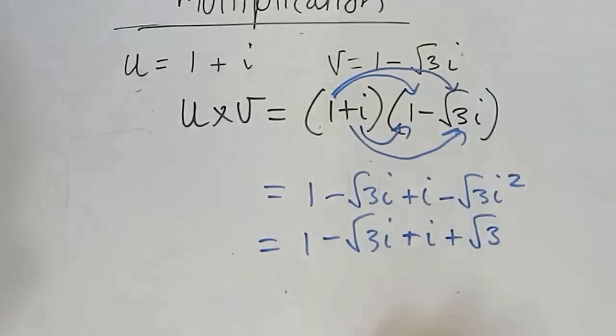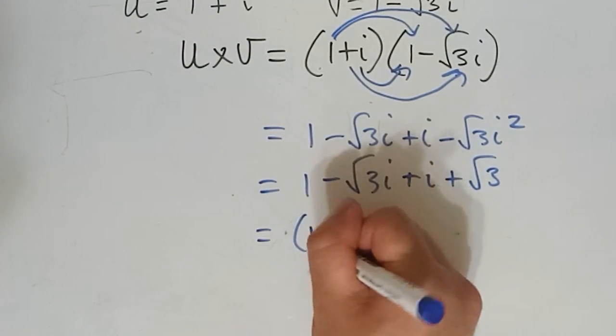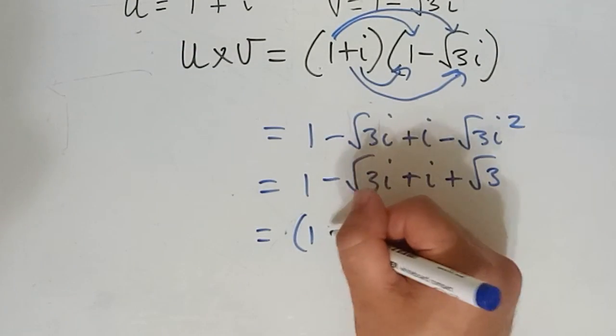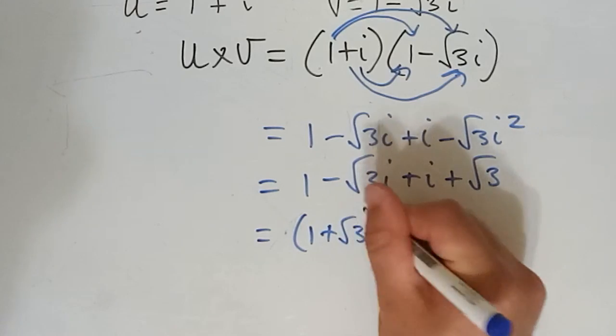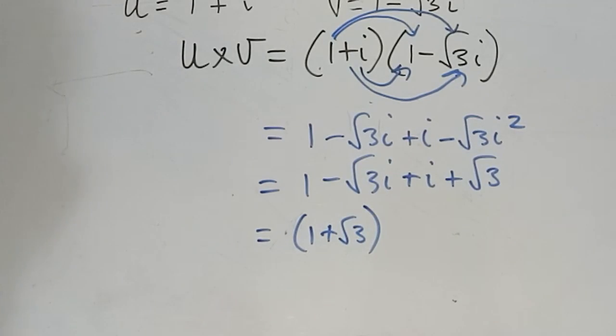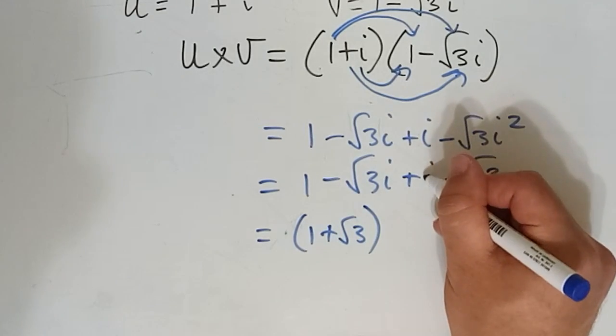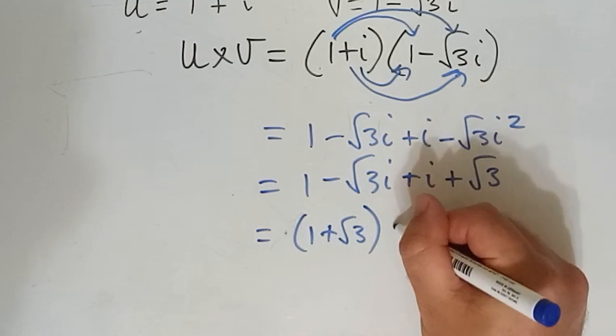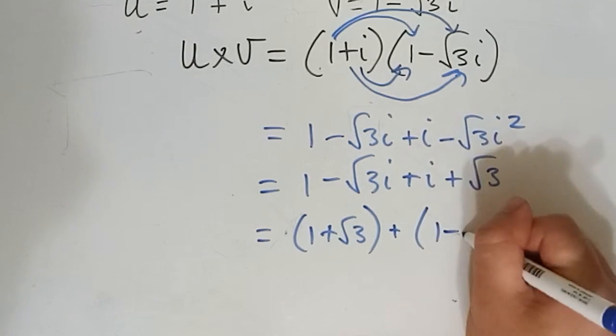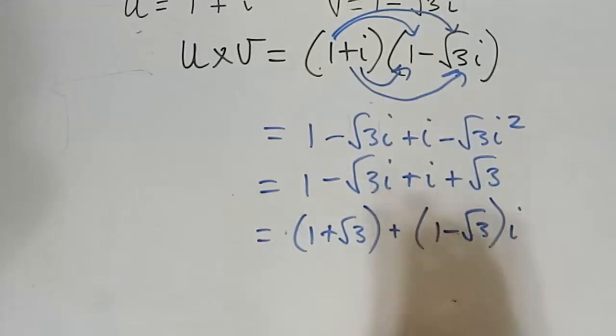Negative times a negative is a positive. So I'm going to group the reals and the imaginaries together. 1 plus root 3 as the real parts. The imaginary parts, I've got 1 minus root 3. So I'm going to have 1 minus root 3 in the imaginary parts. Yeah? There we go. Things with the i's in them. And that's what I get when I multiply them together.